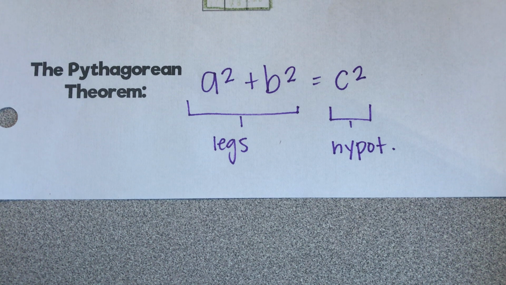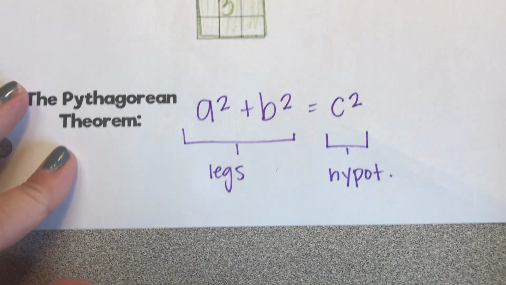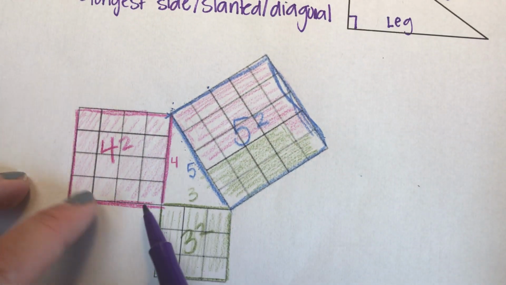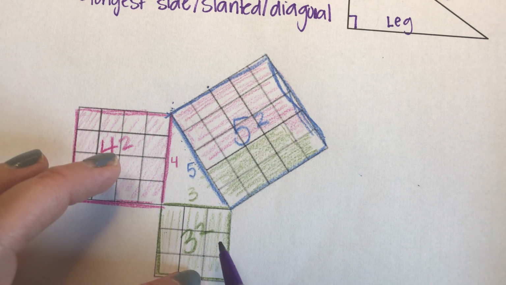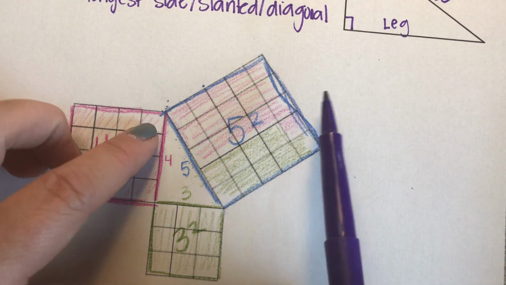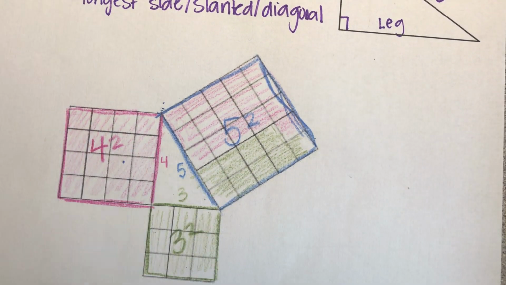So if this was a, and I squared it, and this is b, and I squared it, a squared plus b squared, when I added them together, gave me c squared.